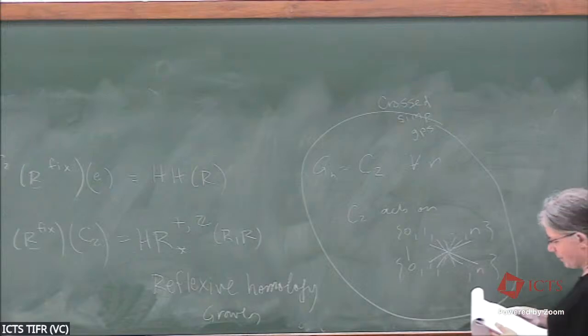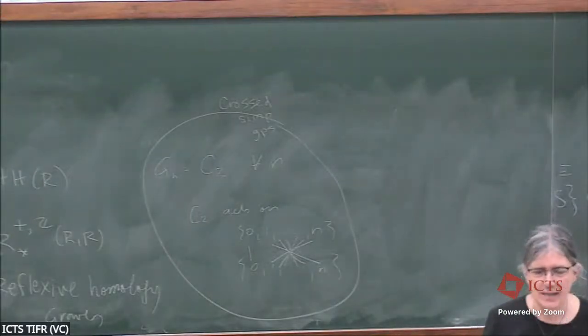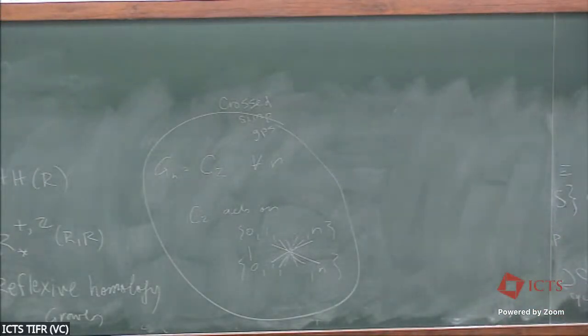This is again something we didn't have time to discuss in detail, but if you have the crossed simplicial group Cn, there is a construction that associates to the crossed simplicial group a homology theory that basically gives you the double complex for calculating cyclic homology in the case of Cn.